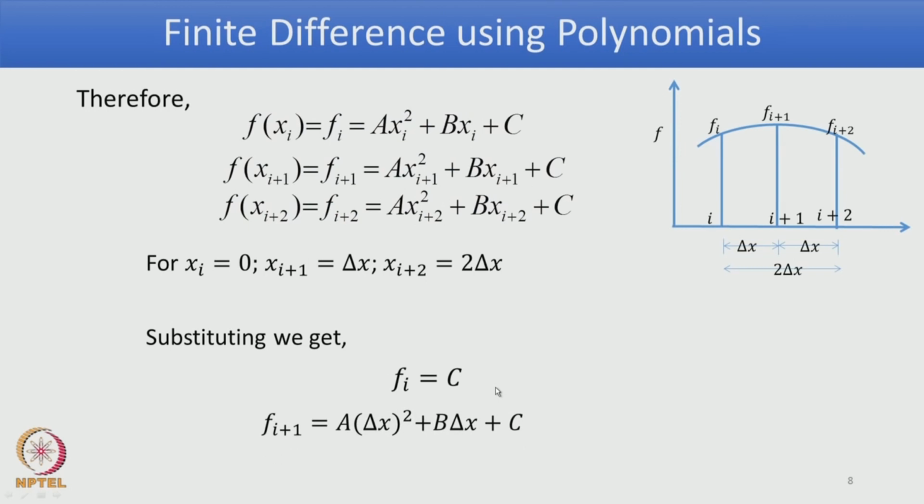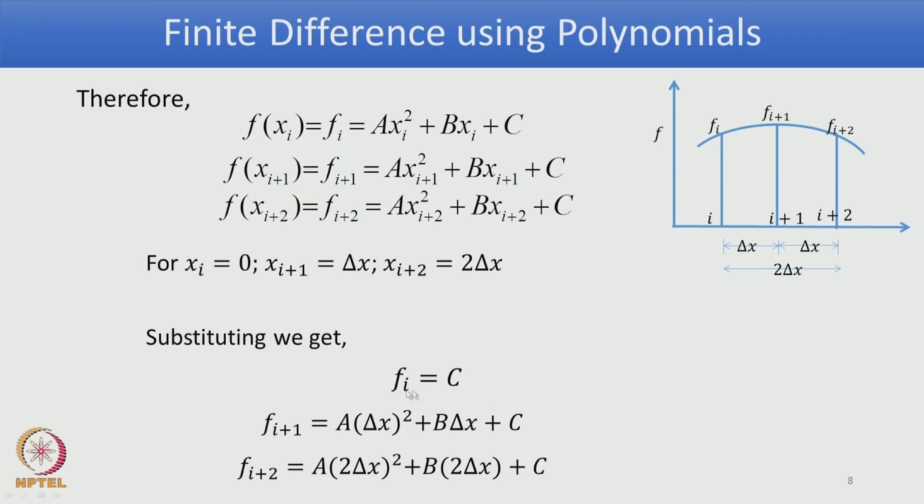Then for the second equation, f of I plus 1 equals a delta x squared plus b delta x plus c. Similarly, for the third equation, x at I plus 2 is replaced with 2 times delta x, so it is a times 2 delta x squared plus b times 2 delta x plus c.